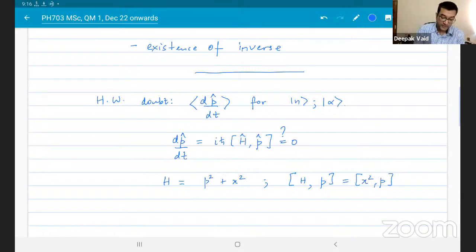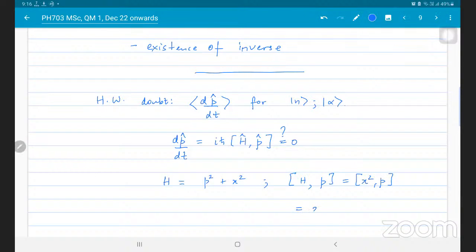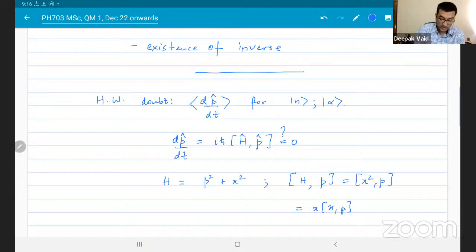So is the commutator of x squared with p 0? What is this? x comma p, which is not 0, right? So this will not be 0.